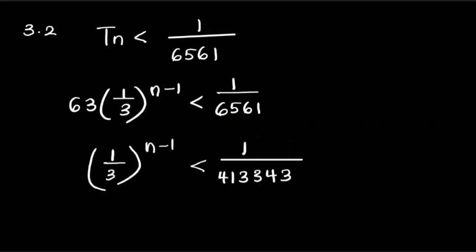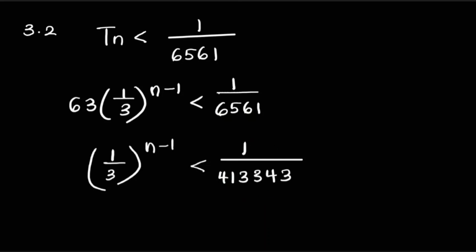Now you know that when you have the variable as the exponent, your aim is to get the bases to be the same. So ideally, we would like 1 over 3 raised to the power something that's equal to this fraction.